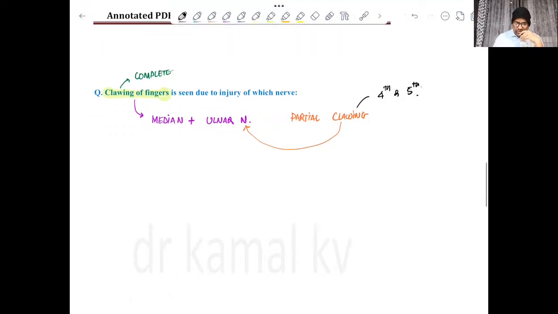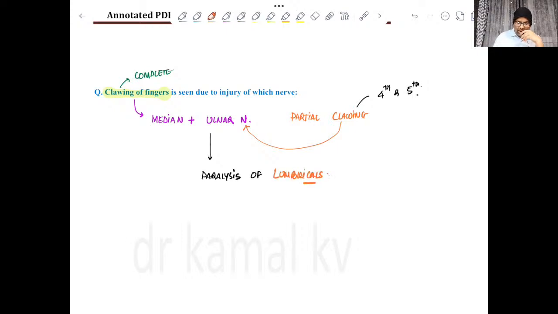Clear? And what is the concept of why we have this partial or complete clawing? The clawing occurs because of paralysis of the small muscles known as lumbricals.